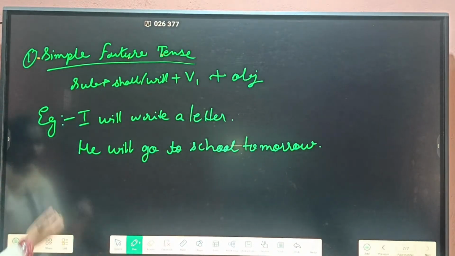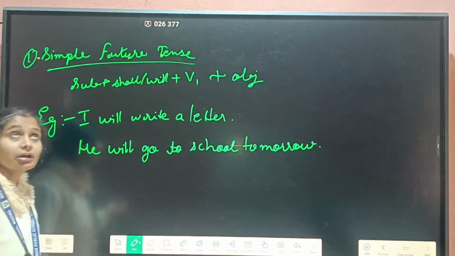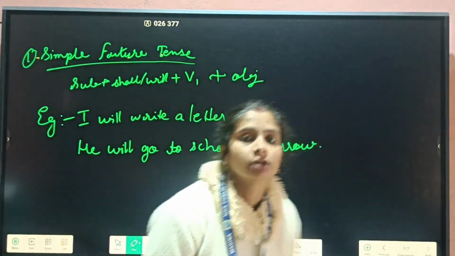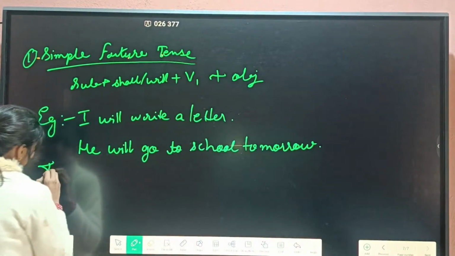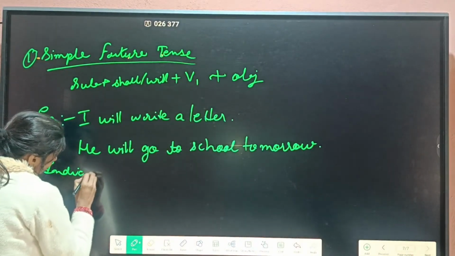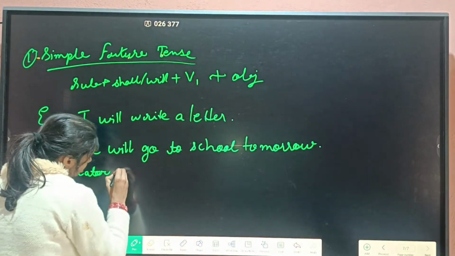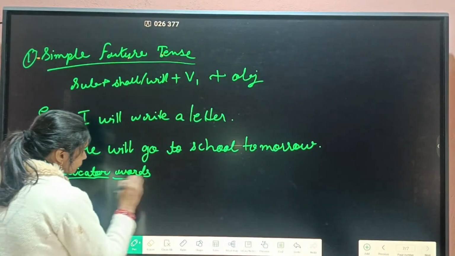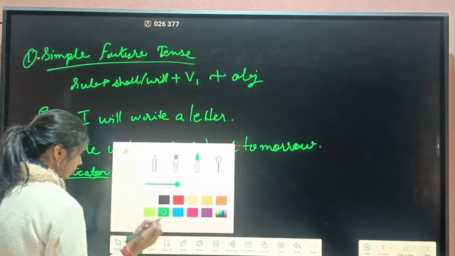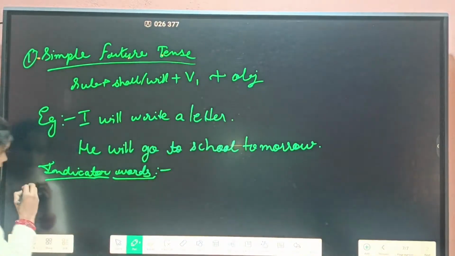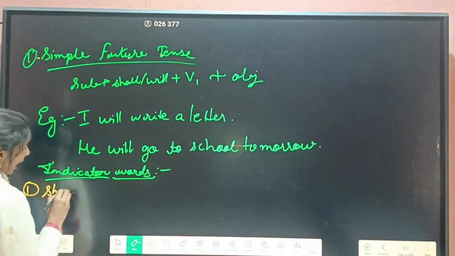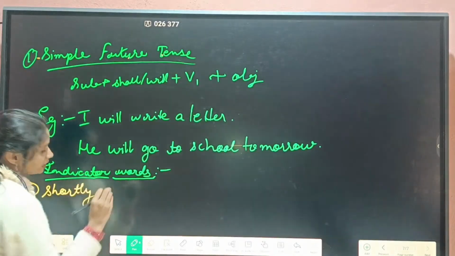And we can also say what the indicator words are, how we identify that they are talking about the future. There are some indicator words that I can tell you. Write them down. First one, shortly.